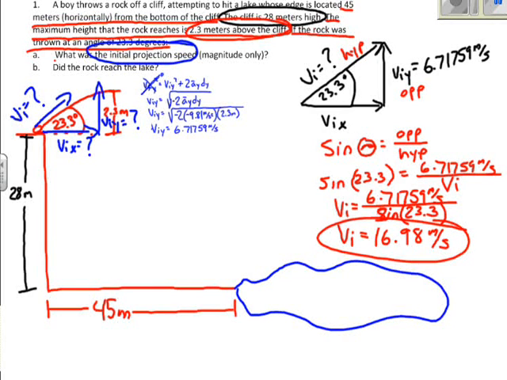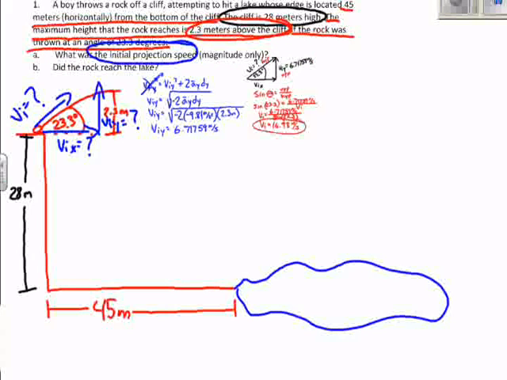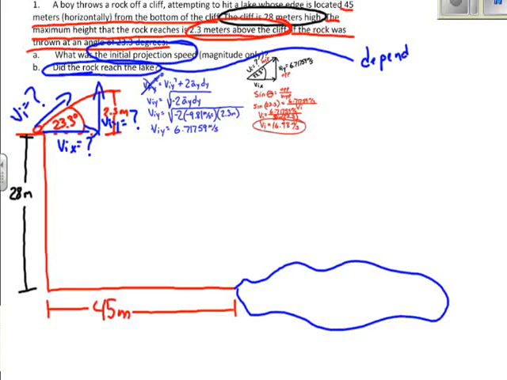Now that we've finished that initial step, we're asked whether or not the rock reached the lake. In order to figure this out, it really depends on how fast this rock was thrown horizontally, and it's also going to depend on how much time it is in the air.